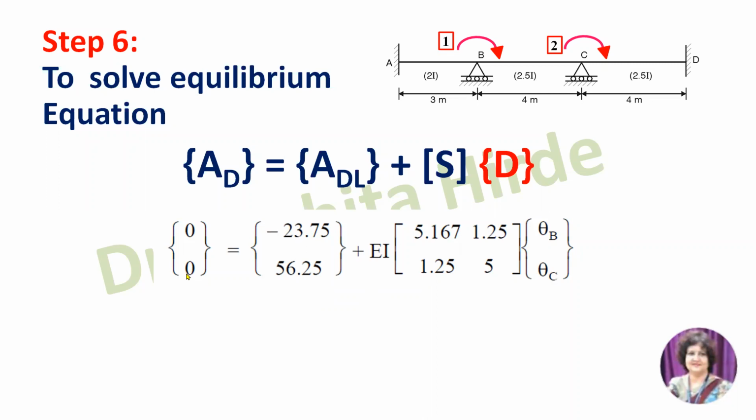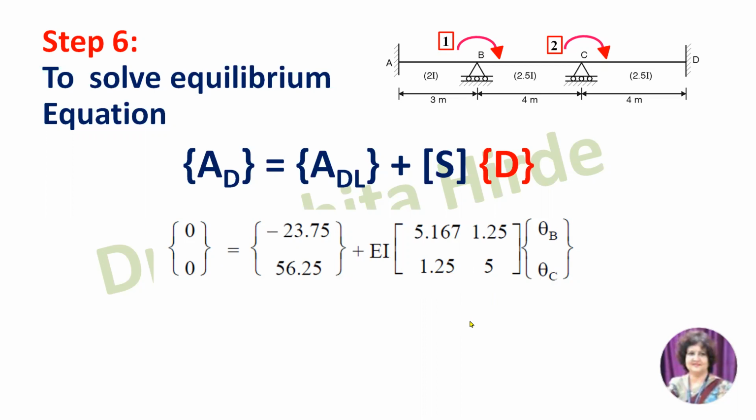The second equation is 0 is equal to 56.25 plus 1.25 EI theta B plus 5 EI theta C.